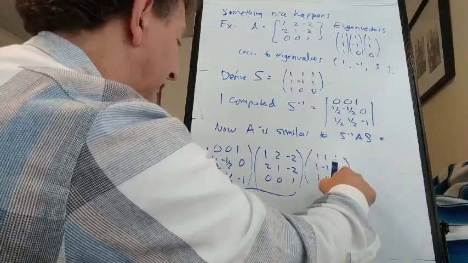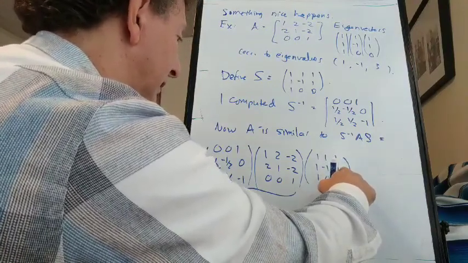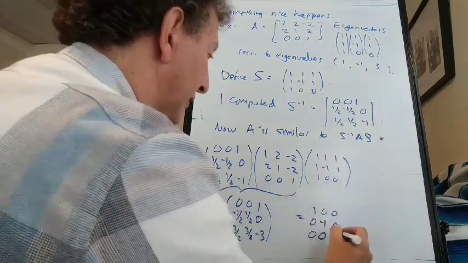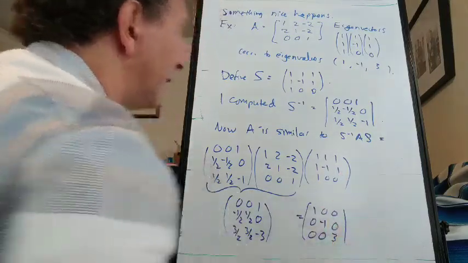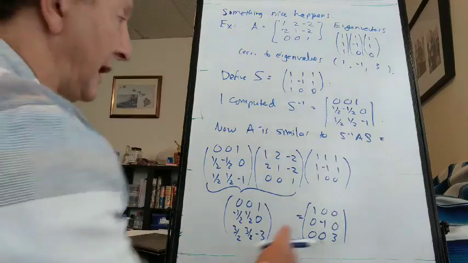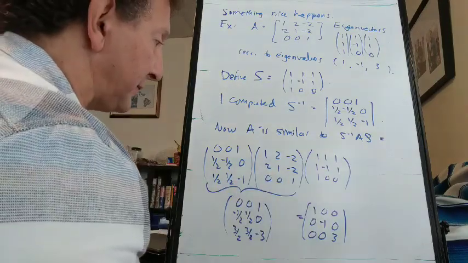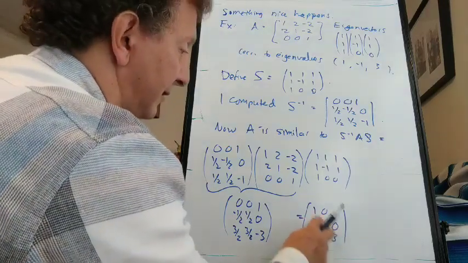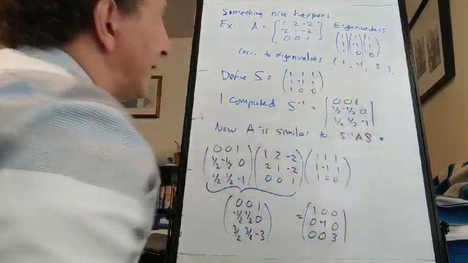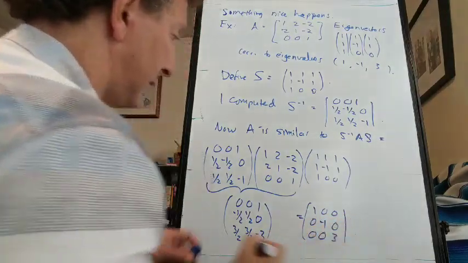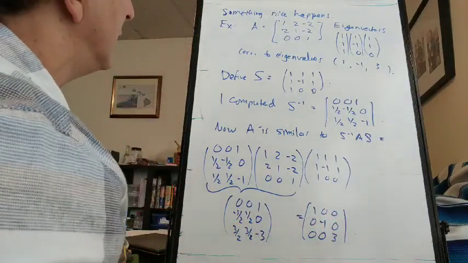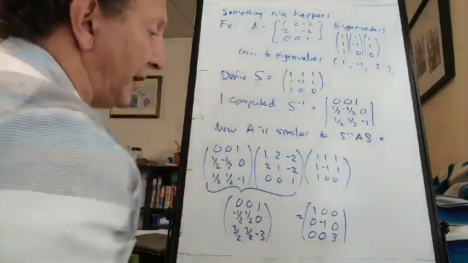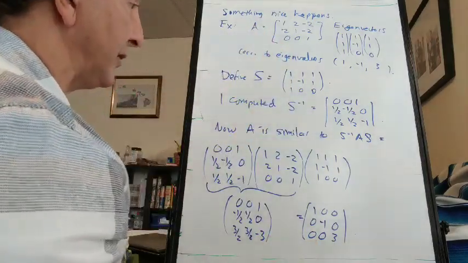And 3 halves plus 3 halves is 3, plus 0 is 3. So we got a diagonal matrix by multiplying these together. And that diagonal matrix has as diagonal entries the eigenvalues of A. So A is similar to a diagonal matrix that has the eigenvalues of A on it.